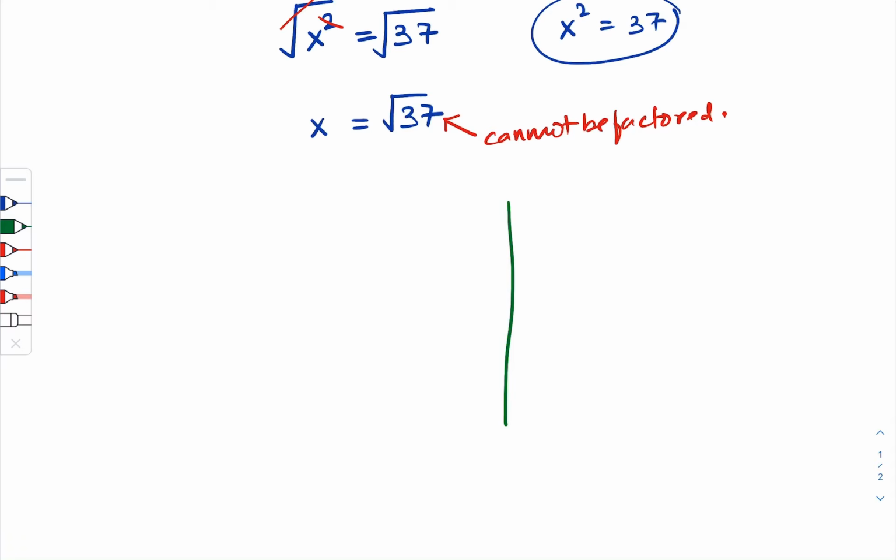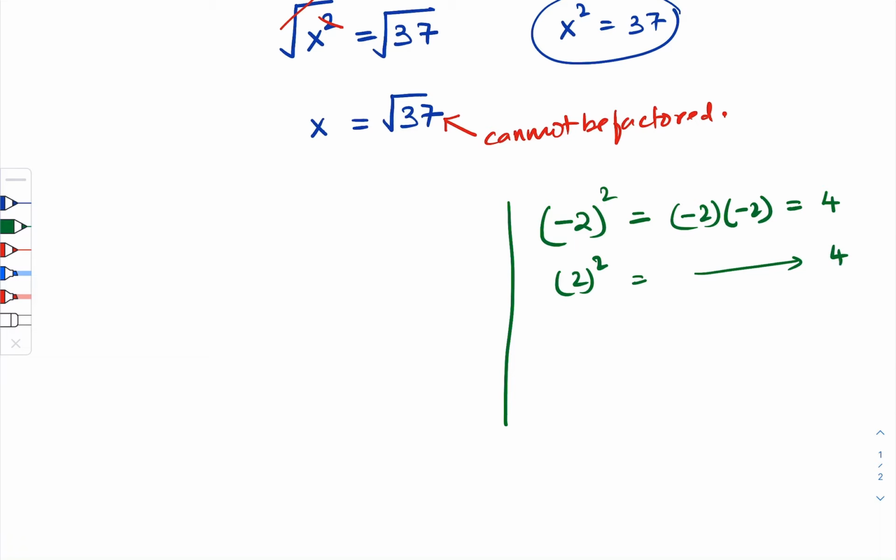Let's say you had -2 and you took the square of -2. Well, that would be -2 times -2, right? So the negatives and negatives would make a positive, and 2 times 2 would make a 4. So you get 4. What if you had +2 squared? Well, then that would also give you 4.